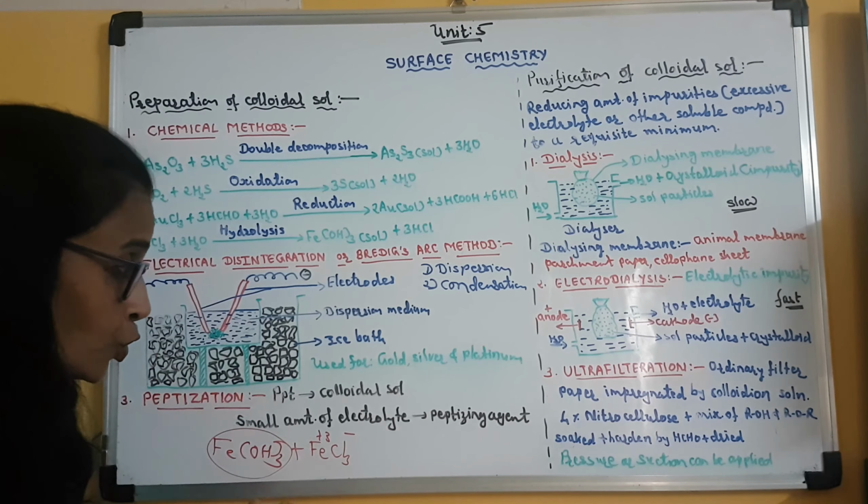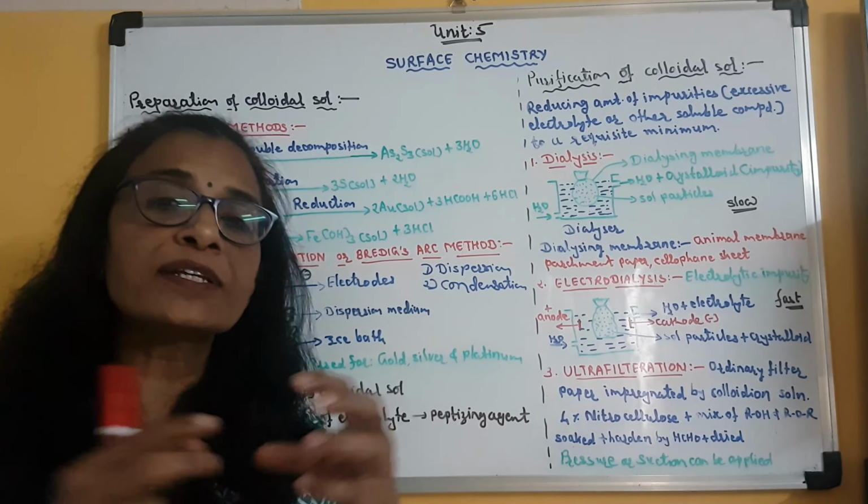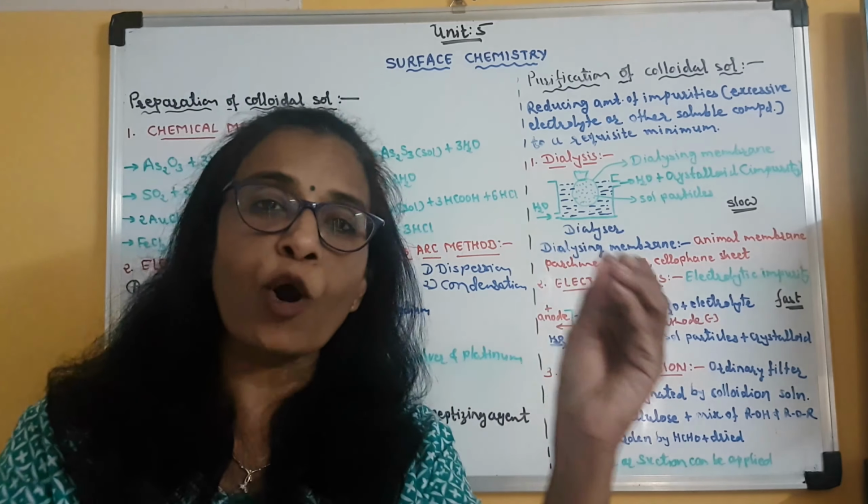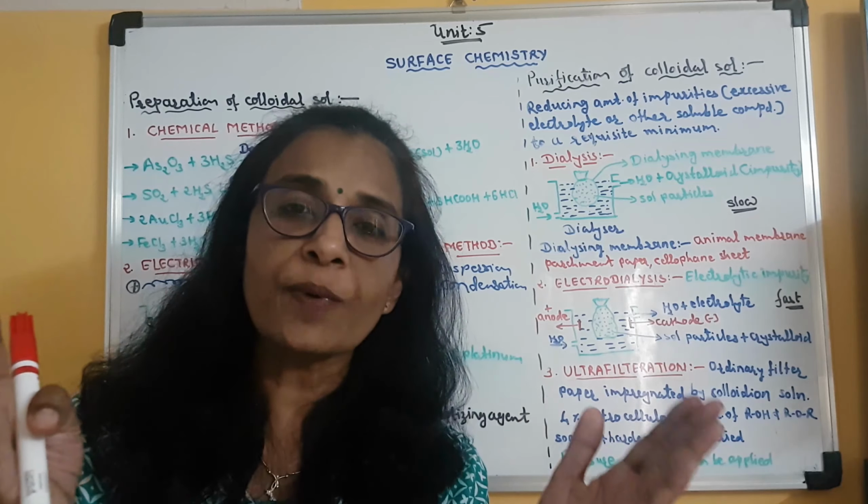It depends which ion of the electrolyte is getting absorbed on the surface of the precipitate. Accordingly, it will get converted into positively or negatively charged particles. Now when these precipitates become electrically charged, they will start breaking into small particles, and these particles will be of colloidal size.